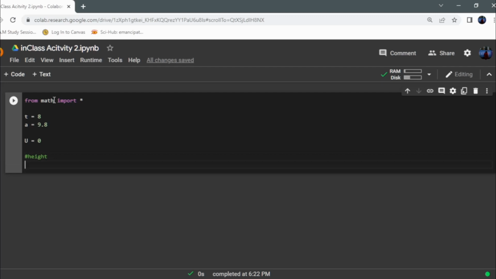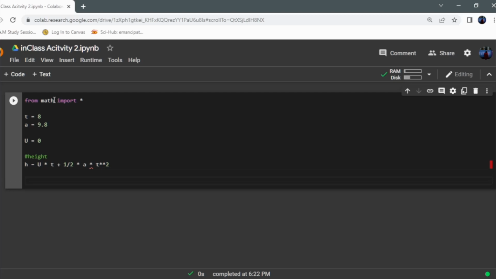So our height, denoted by h, is equal to the initial velocity times the time, plus 1/2 times the gravity or acceleration, which is 9.8, times the time raised to 2.